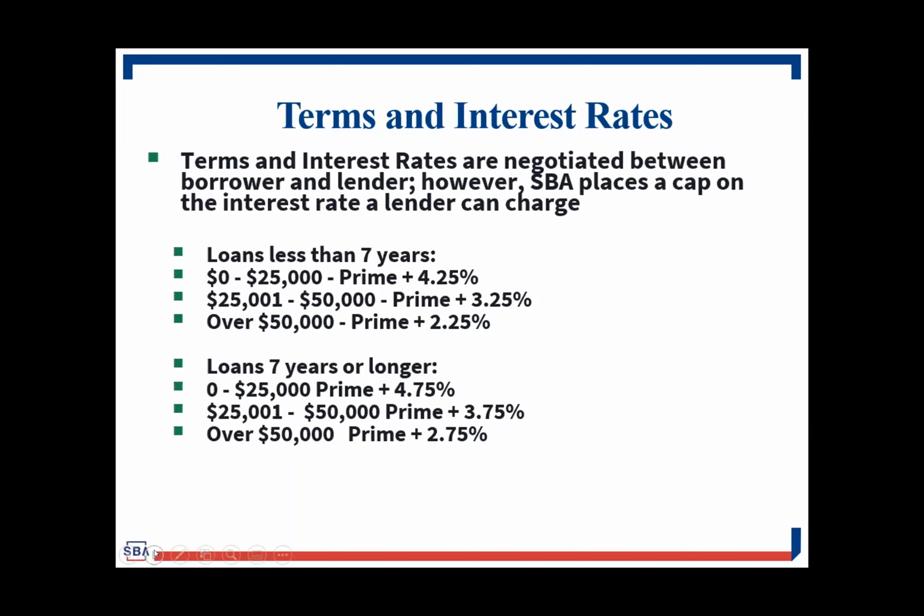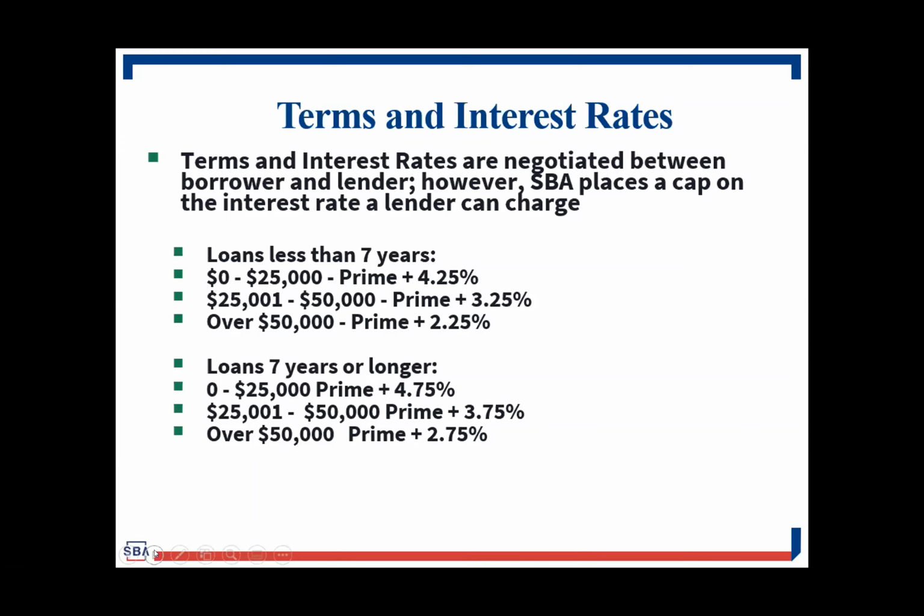When we're looking at the interest rate for loans that are less than 7 years and up to $25,000, the lender can charge prime plus 4.25%. For those loans above $25,000 and up to $50,000, the lender can charge prime plus 3.25%. And for those loans over $50,000 and less than 7 years, the lender can charge prime plus 2.25%.